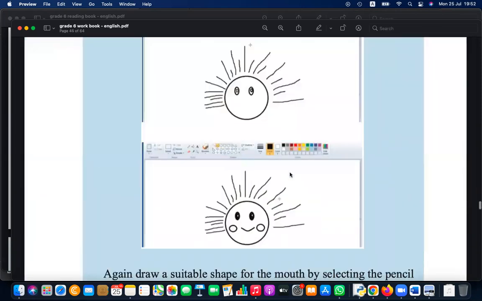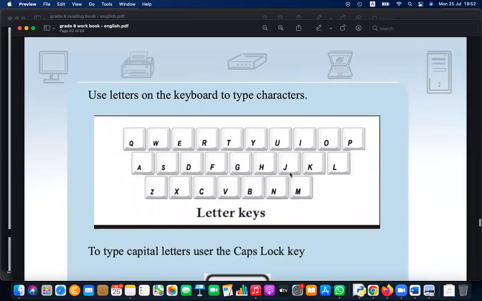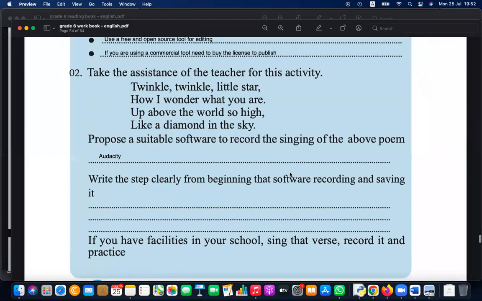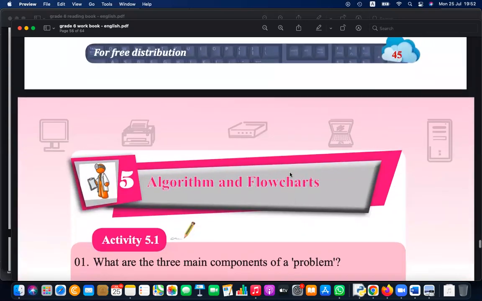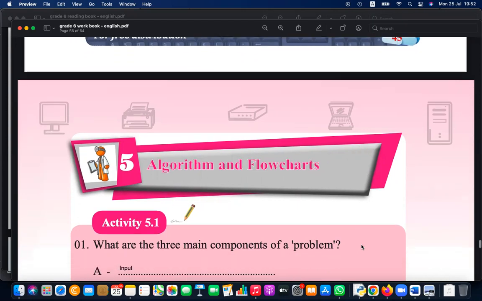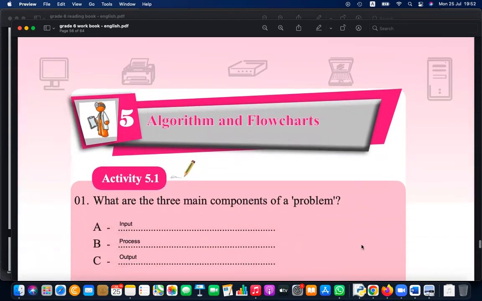The first question is asking: what are the main components of a problem? A problem can be divided into 3 things: input, process, and output.